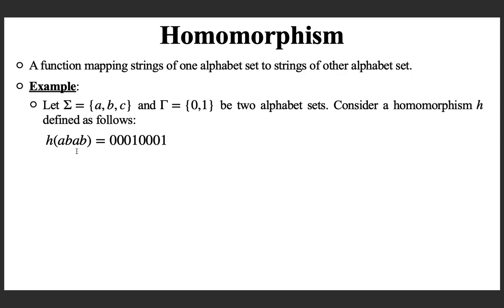The homomorphic image of ABAB is defined as this binary string. How it is defined is a different question. The homomorphic image of ABAB is this binary string, and suppose you have got this image as well: the homomorphic image of BAC is this binary string, and the homomorphic image of BABA is this.